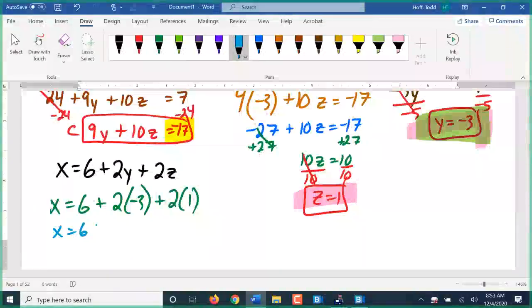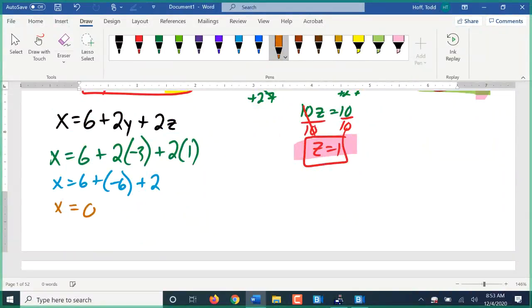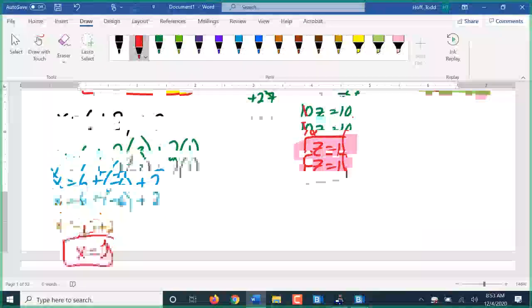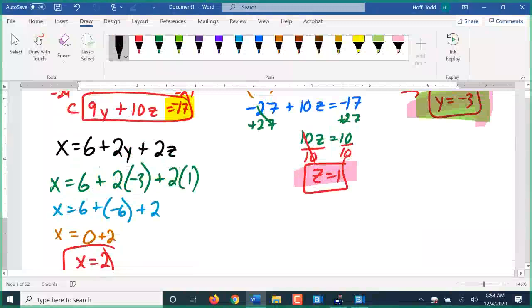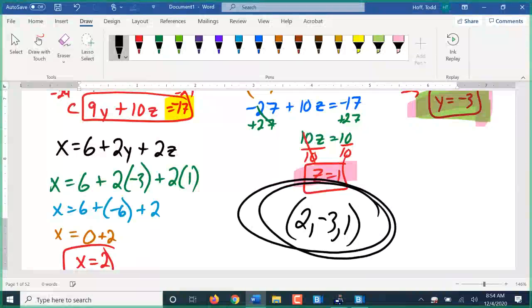So 2 times negative 3 is a negative 6. 2 times 1 is just 2. Well, negative 6 plus 6 is just 0. 0 plus 2 is 2. So x equals 2. So our solution to this system here, x is 2, when y is negative 3, and z is 1.